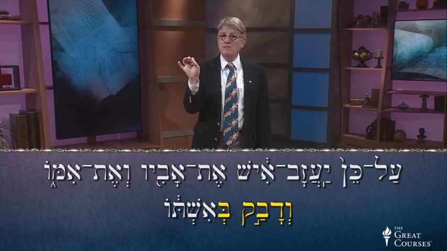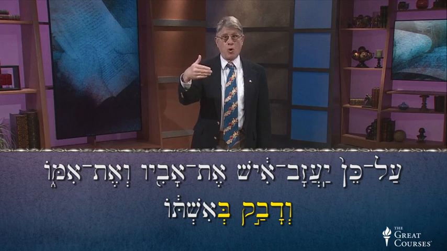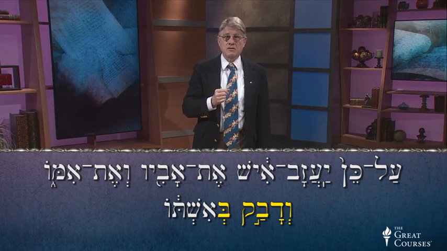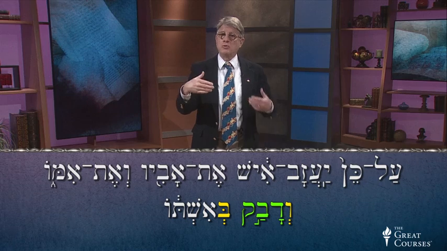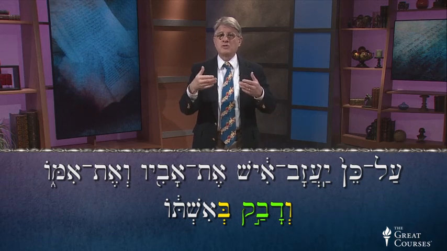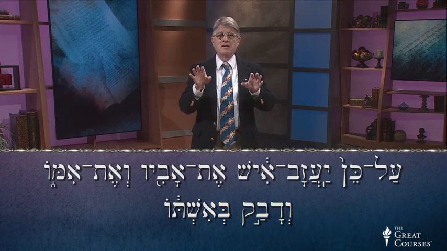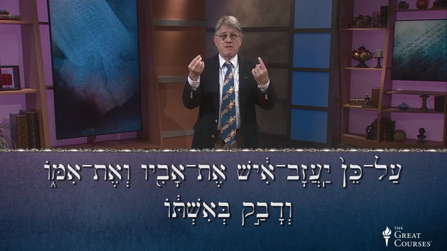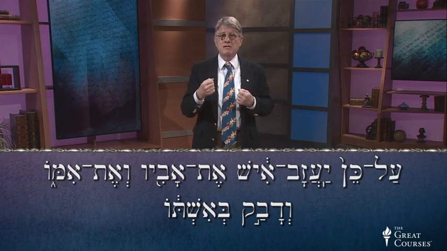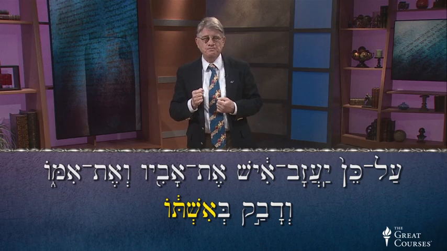It's the unmarked form, so in the perfect, that's also third masculine singular, and the root is daled bet kuf, to cling or cleave or stick. A man leaves et aviv et imo, vedavak be, and he sticks with ishto.